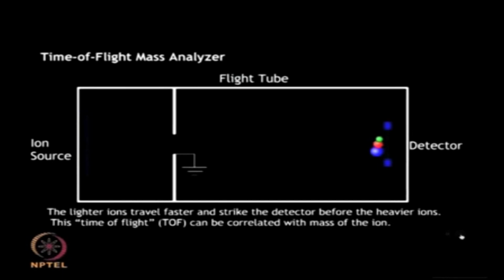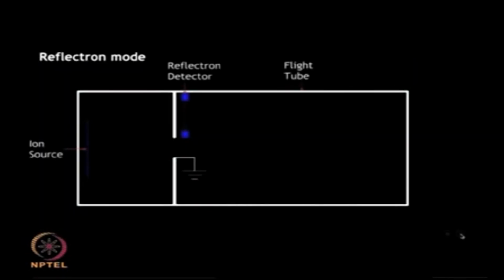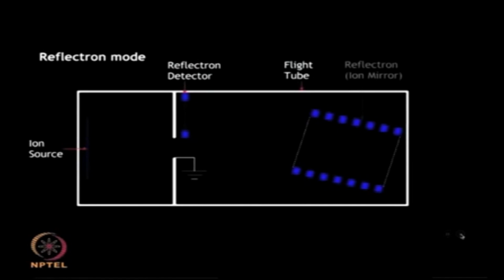As we talked earlier, the TOF analyzer can also be operated in the reflectron mode. This is more commonly used for proteomics studies. A reflectron, which acts as an ion mirror, is incorporated at one end of the time of flight tube. This helps in extending the path length, and in turn the flight time of the ion, without having to increase the actual size of the instrument.